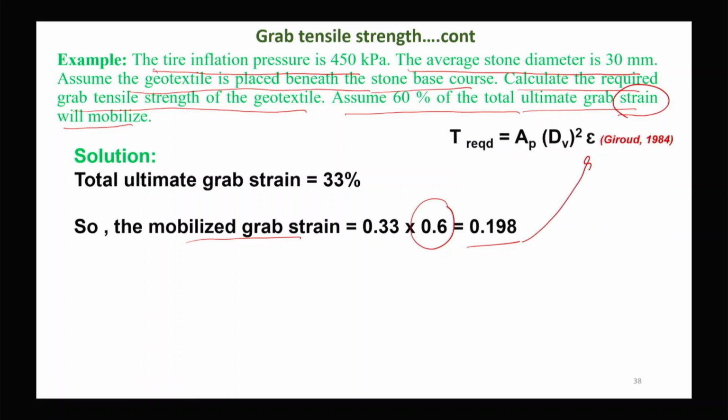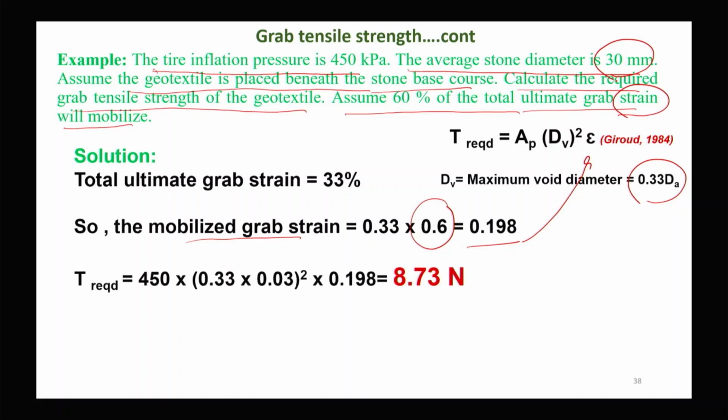So this is 0.198, and the void diameter is 0.33 multiplied by dA, that we know. dA, the diameter of stone, is given. 450 is the pressure, here is the diameter of void squared, and from there we can calculate the required grab strength of geotextile, 8.73 Newton.